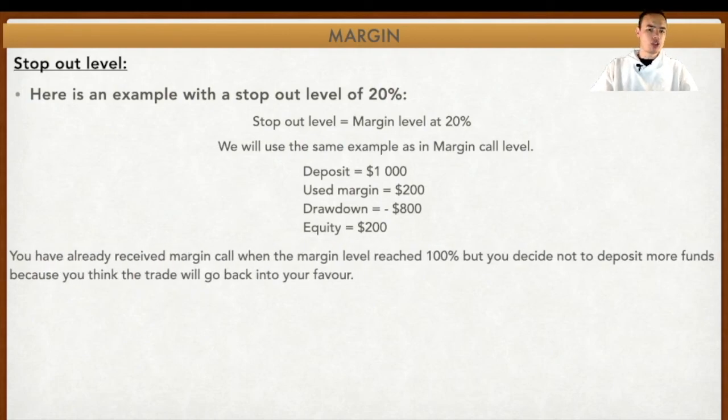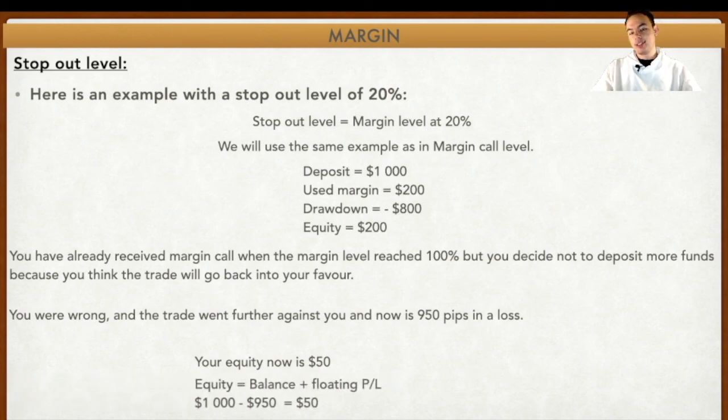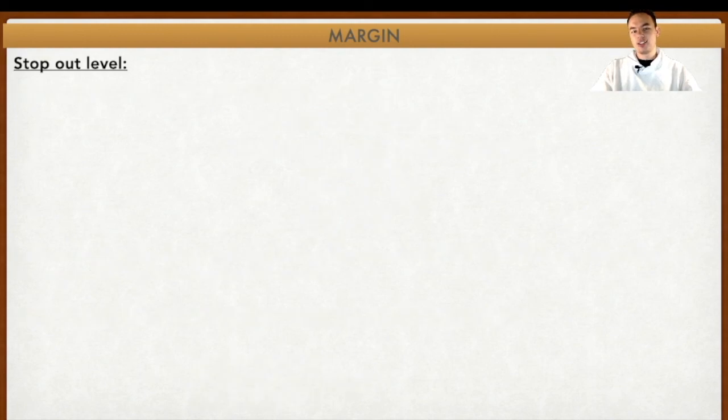You've already received a margin call when the margin level reached 100%, but you decide not to deposit more funds because you think the trade will go back in your favor. You were wrong, and the trade went further against you, and now it's 950 pips instead of 800 pips. Now your equity is $50, because balance plus floating profit or loss, so 1,000 minus 950 equals $50.